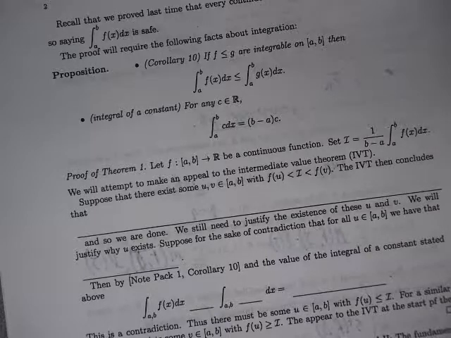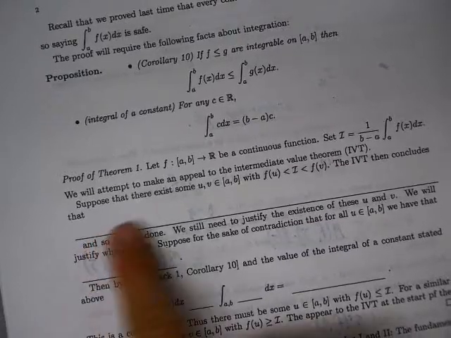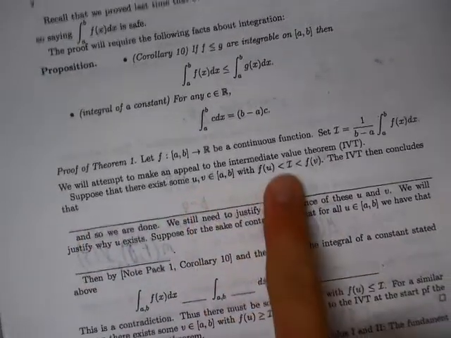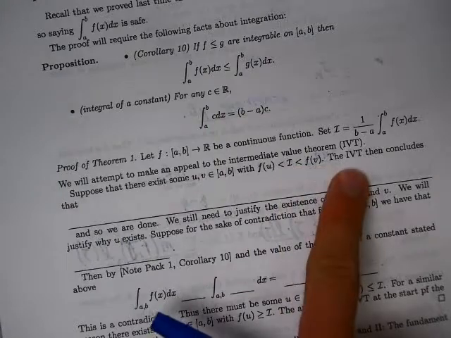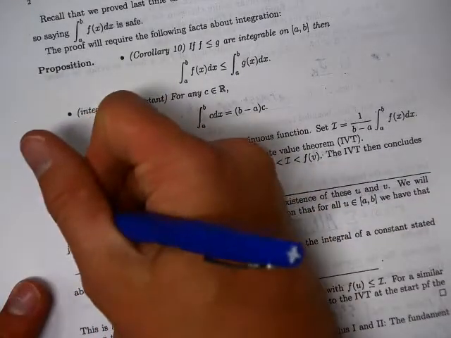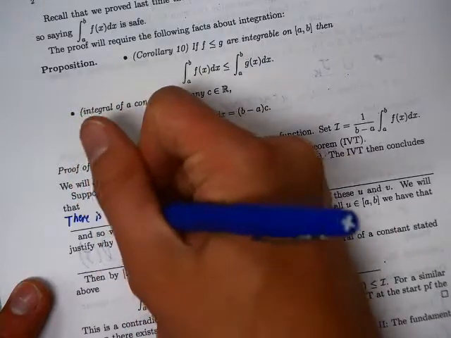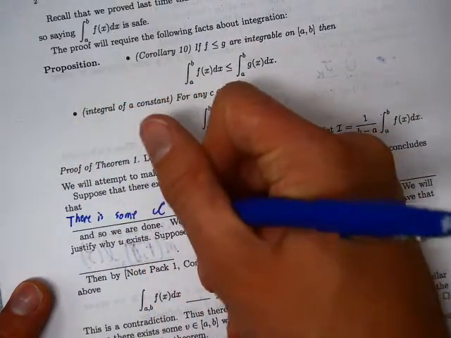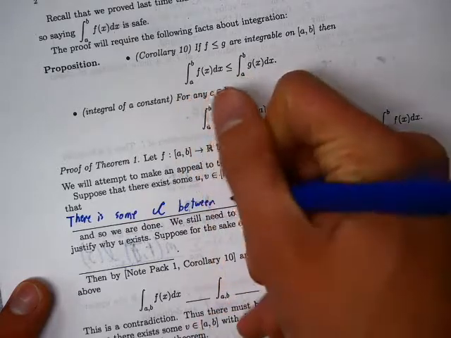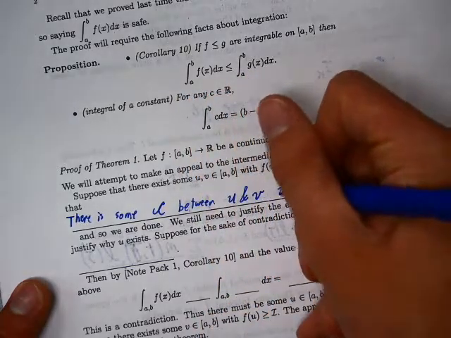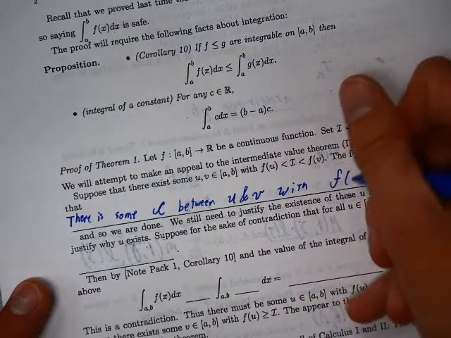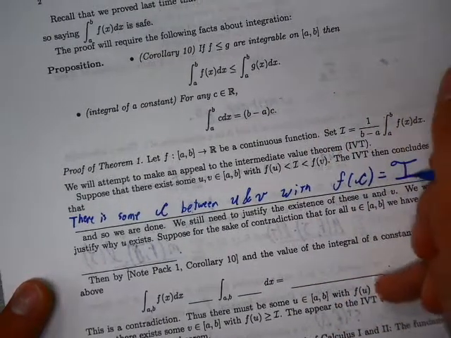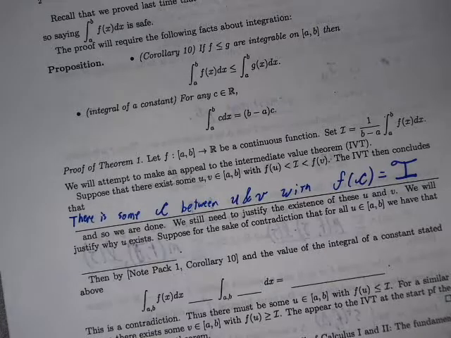So let's make that assertion clear for us. If there exist two different numbers, u and v, with f of u less than I less than f of v, then the IVT concludes that there is some c between u and v with f of c equal to mathcal I. Let's just really quickly make sense of why this means what we want.